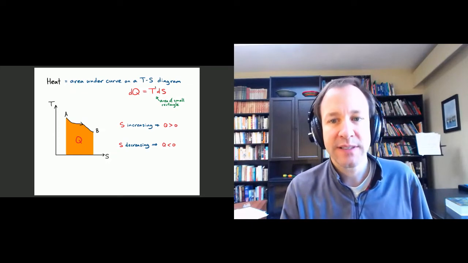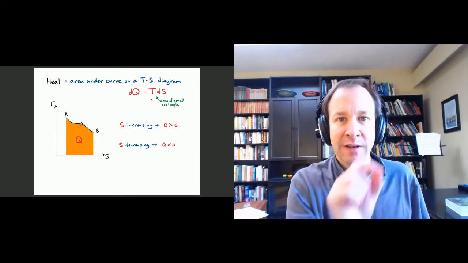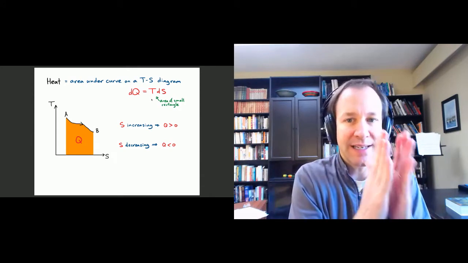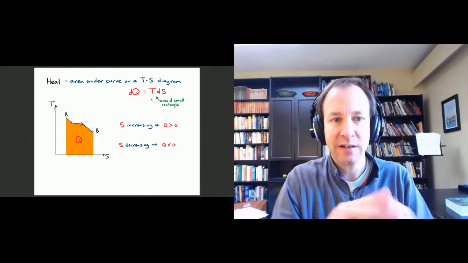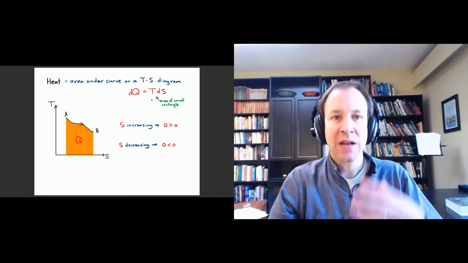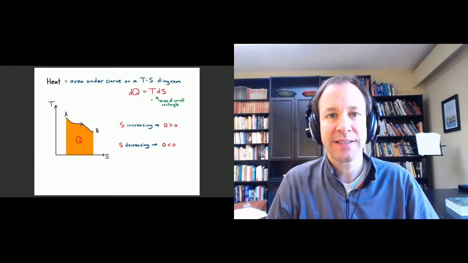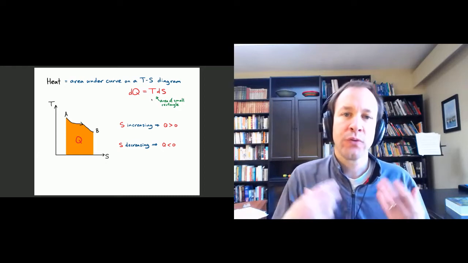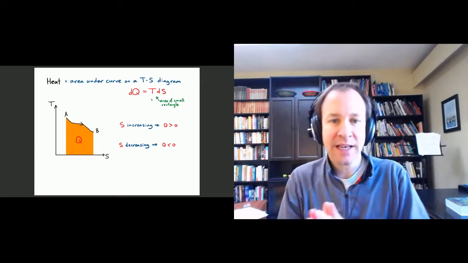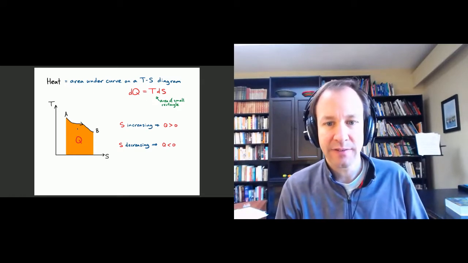And then we would use this formula to calculate the heat for each of those parts. In each case, we would get the area of a narrow rectangle with height T and width delta S. And when we add up all of the heats for each of the parts, that would give us the area of the sum of all those narrow rectangles, and that would be the area under the curve.